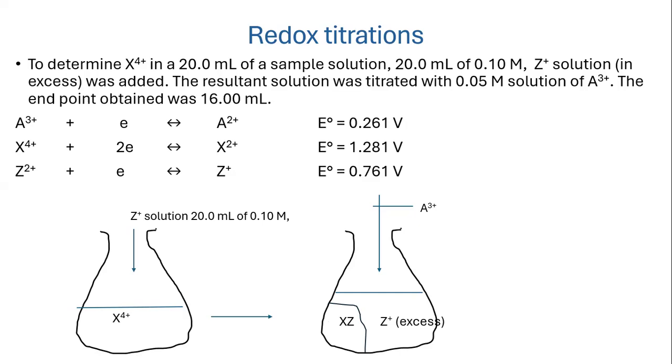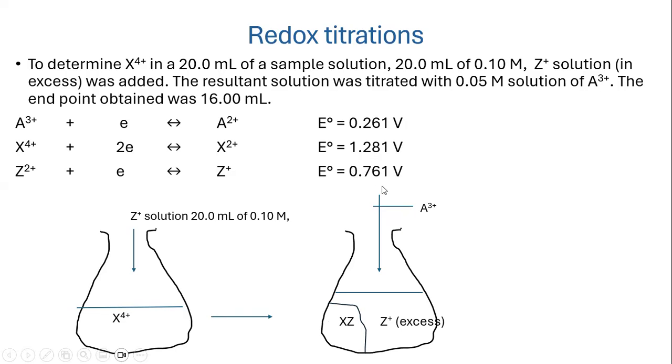Then only E cell is going to be equal to E naught of the half cell potential. So what do you have to tell when the question I ask is, what is the situation when the cell potential is 0.761 V?